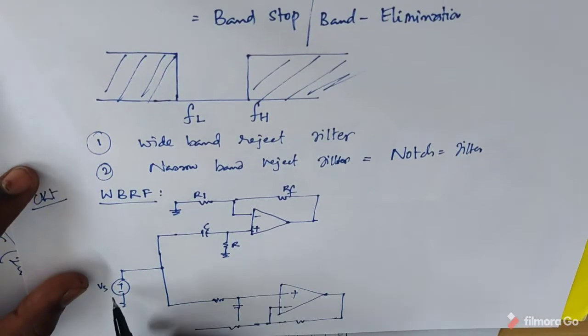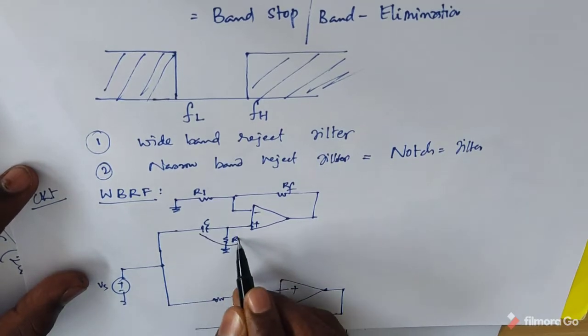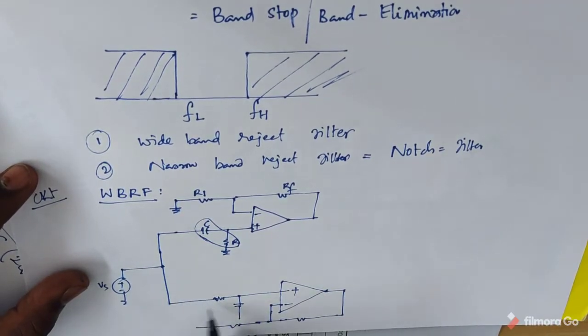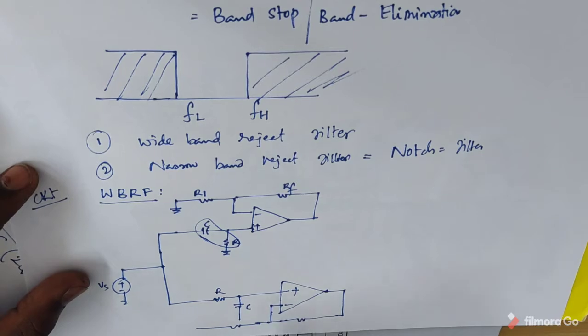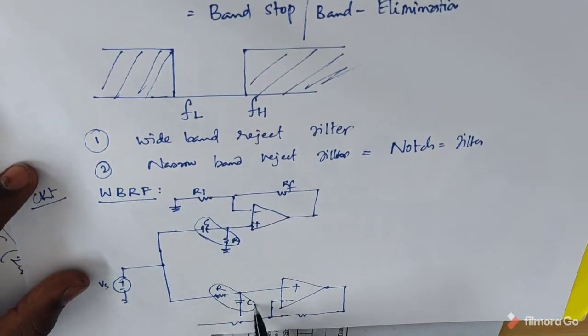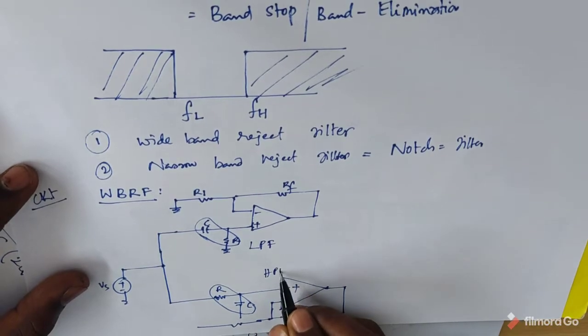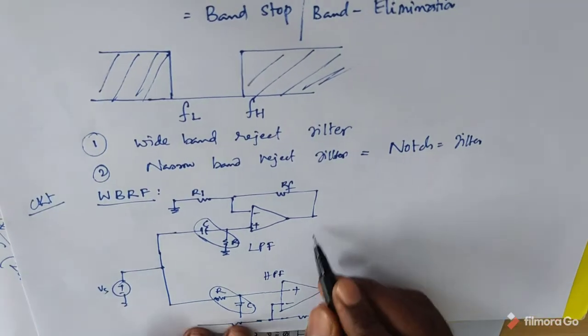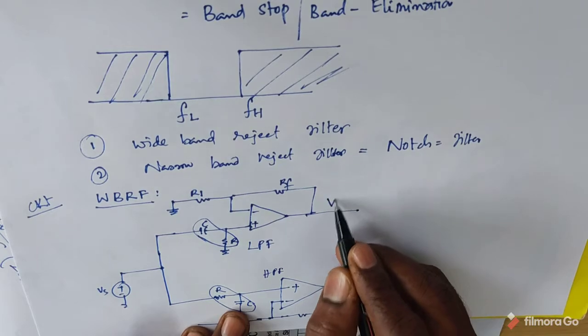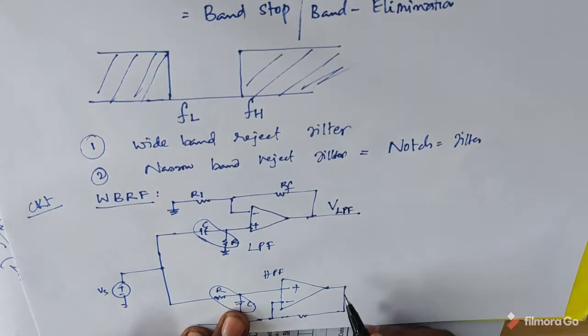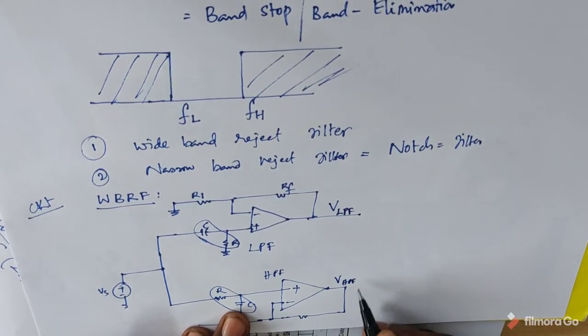So the source voltage is connected to a resistor and capacitor, and at the same time the Vs value is connected to a capacitor and resistor. This is the actual low pass filter, this one is the high pass filter. Then both outputs, this is the actual low pass filter output, this is the high pass filter output.